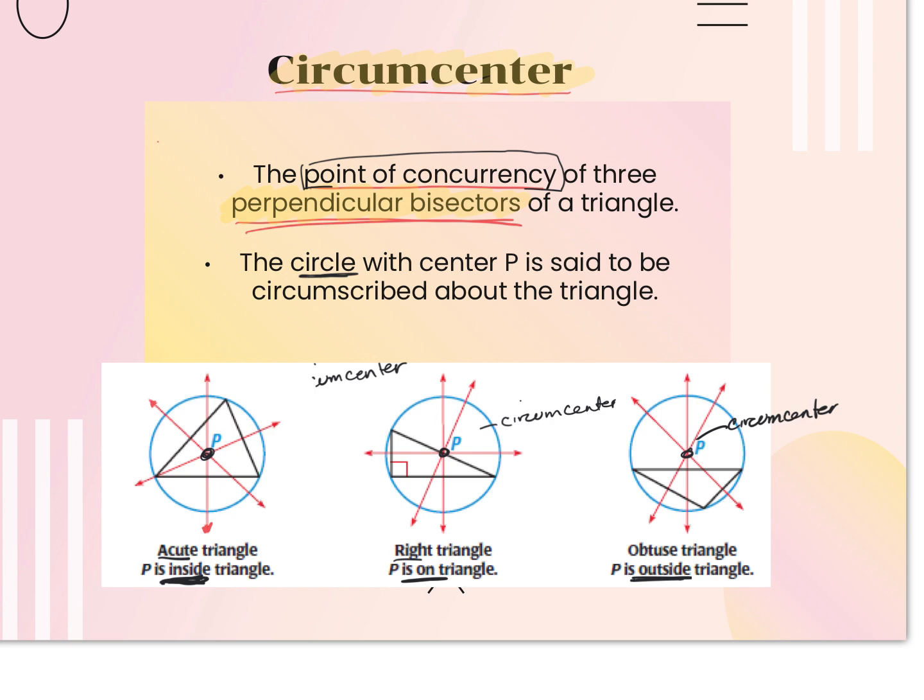It's around the triangle. So think of the circle being around, or circumscribed about, the triangle, and that would explain why the center is called the circumcenter. So circumscribed, and then we focus on the circum part of it, circumcenter.